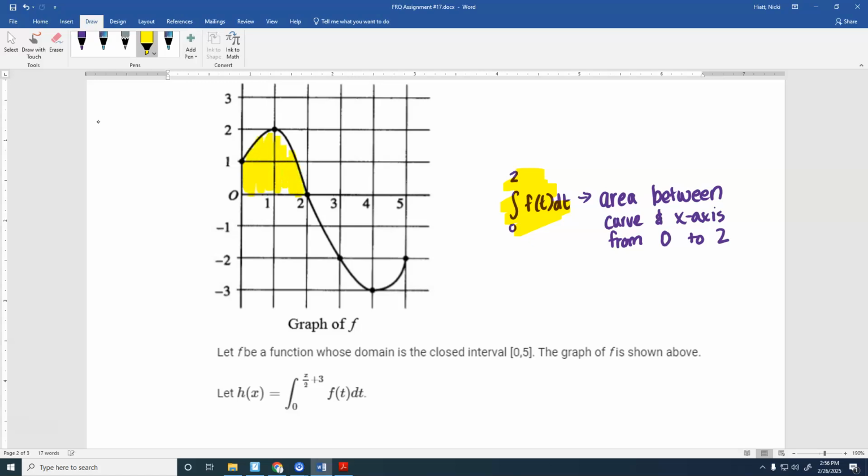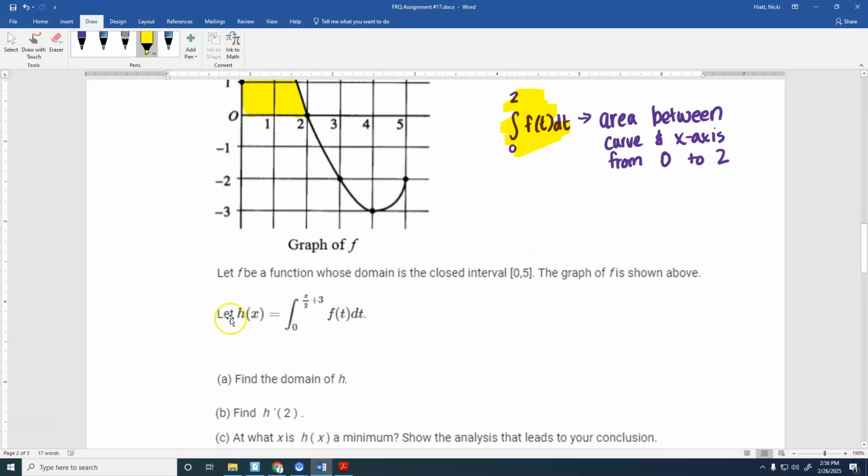That's another thing, like on that last free response question, we were having trouble with that. The first part of that last free response question on the test, we did not do well on. So if I want to integrate, I can integrate from 0 to 0, and I could integrate from 0 to 5, but I can't integrate outside of that, right?